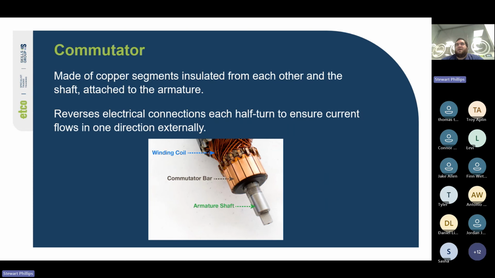As long as we have a coil and a magnetic field, we can induce a voltage. And if we have an induced voltage and a resistance, we can create current flow.